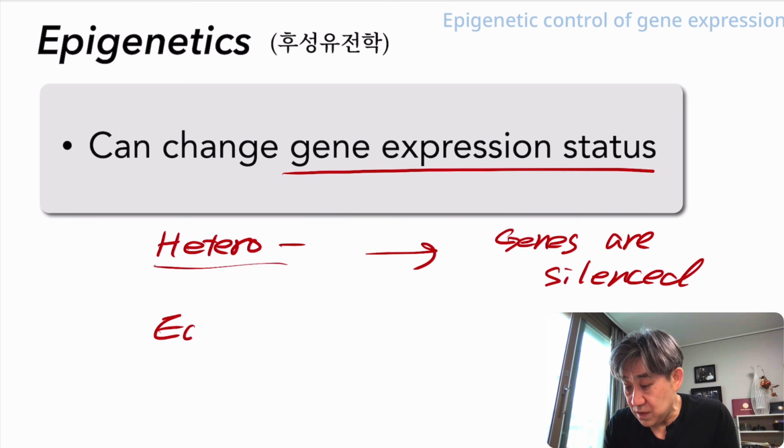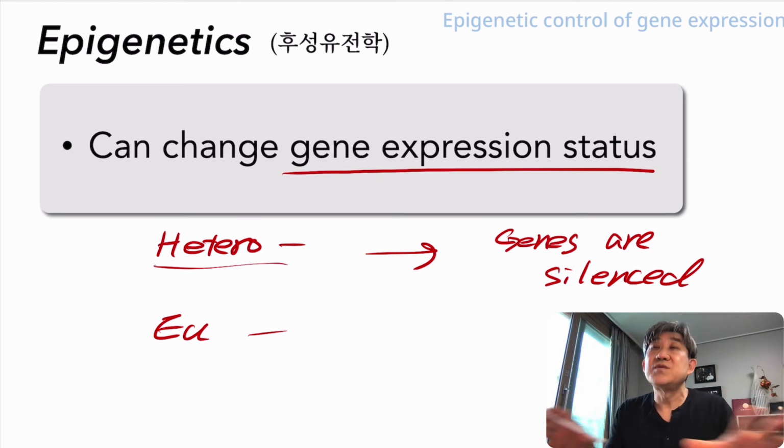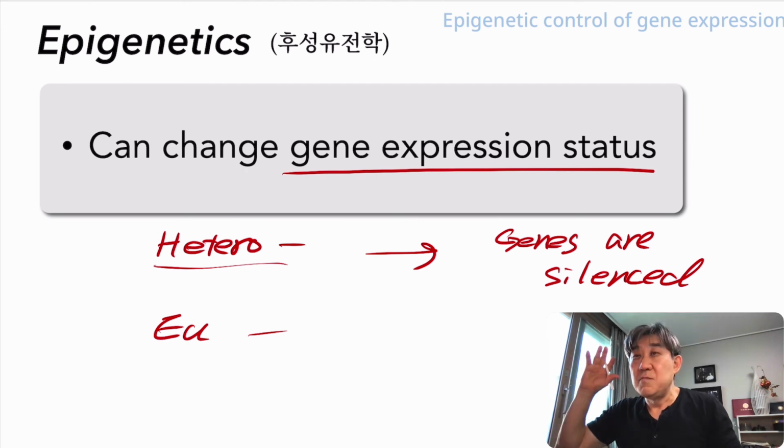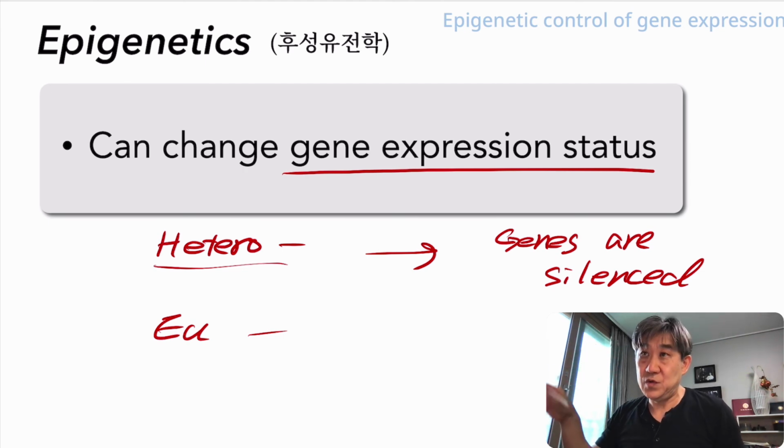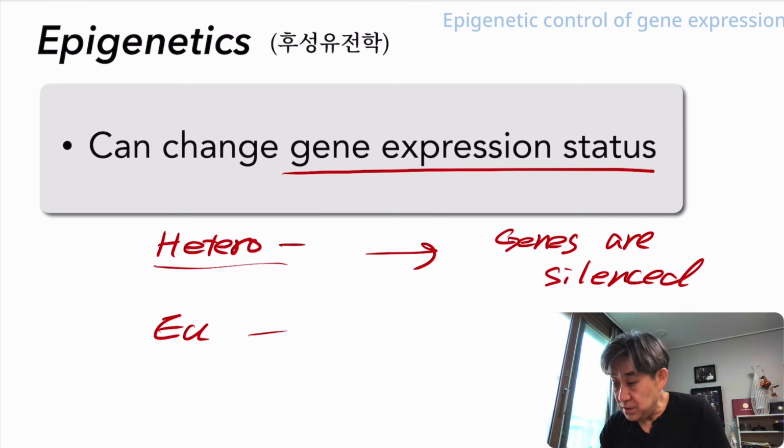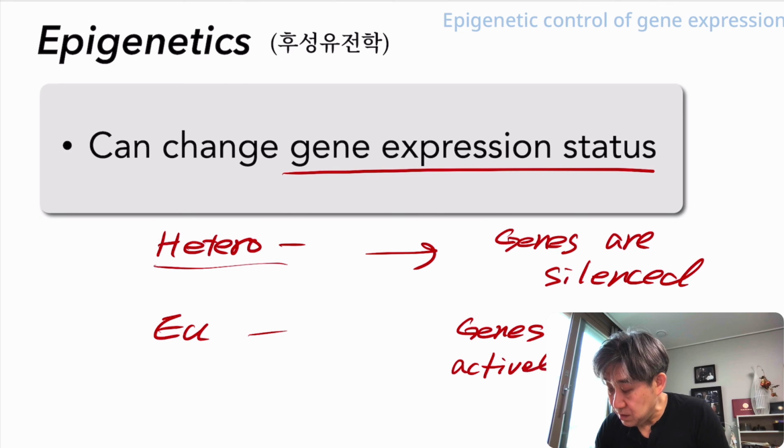But the euchromatin area is highly active because the nucleosomes are loosely organized, so you have much easier access for those enzymes involved in gene expression. So genes are actively expressed.